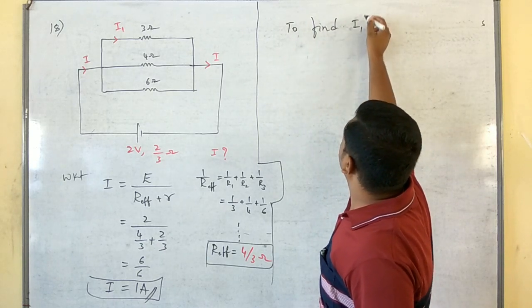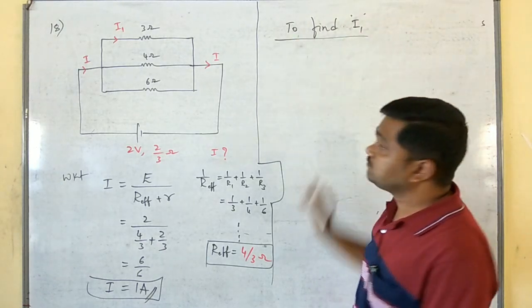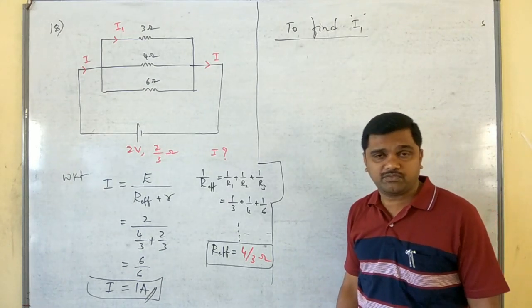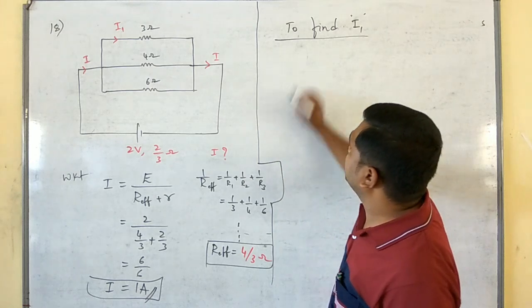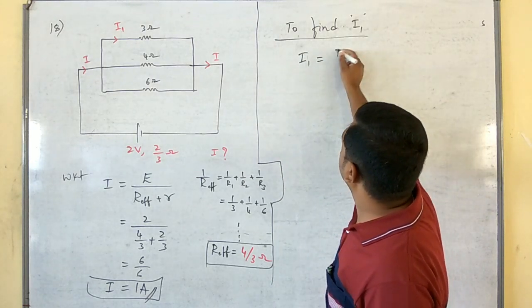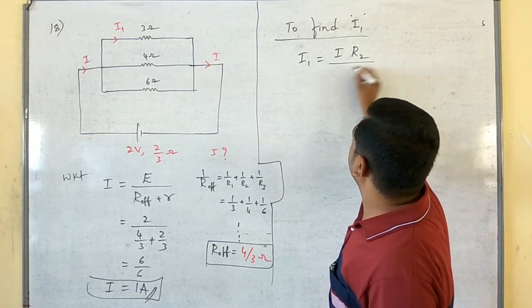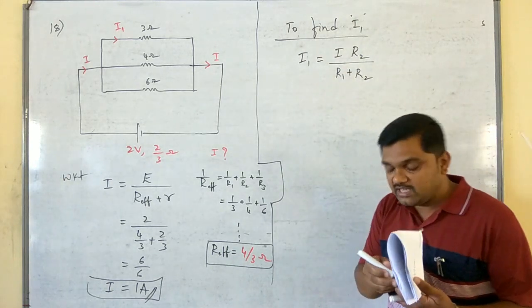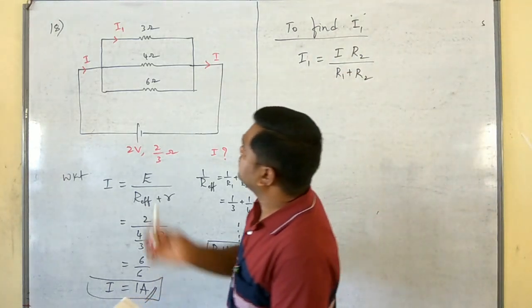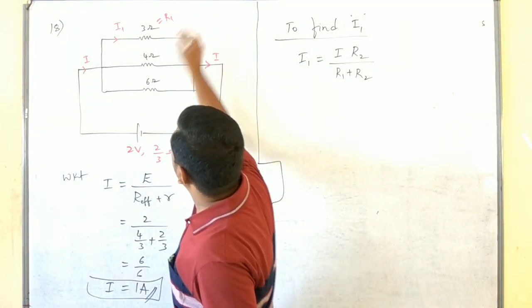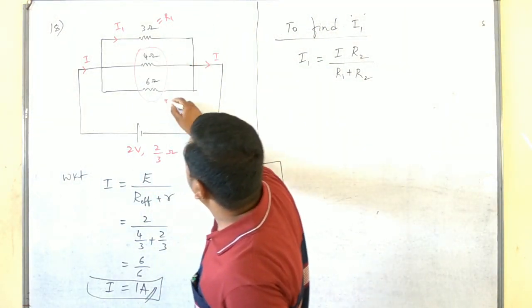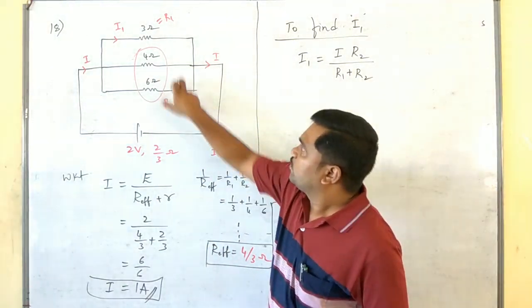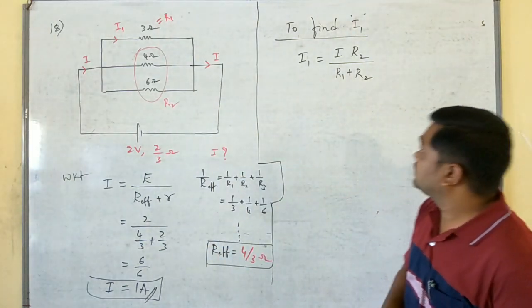Next, to find I1, what to do? You have to go for branch current formula. Branch current formula says I1 is equal to I R2 divided by R1 plus R2. Here, consider this as R1 and totally this as R2. So, RP you have to consider there.